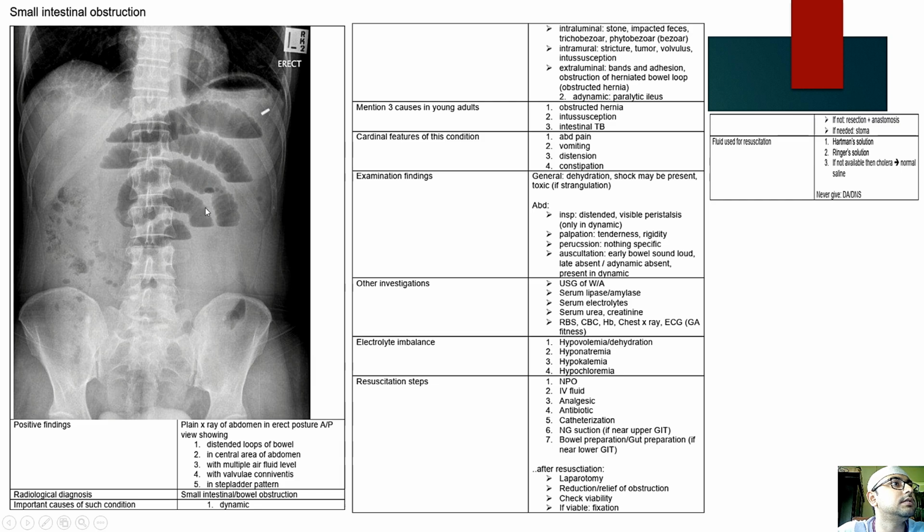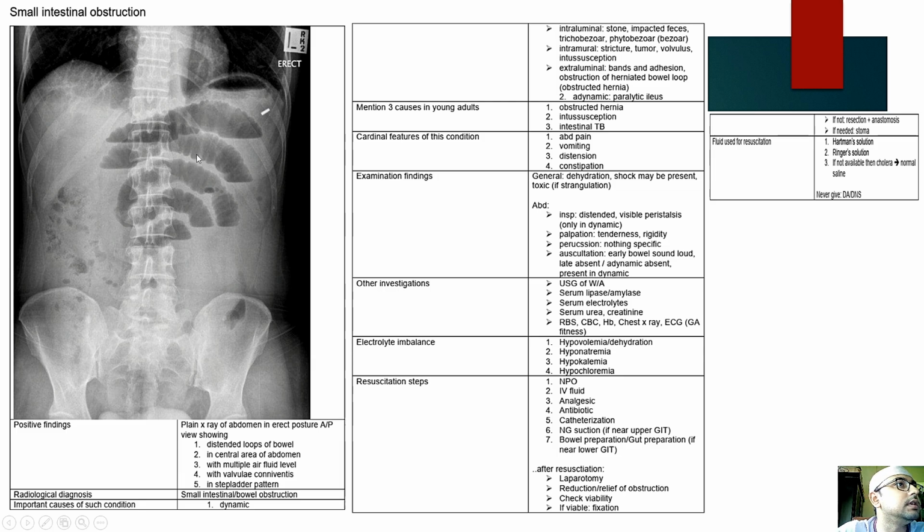Here you can see this bowel is distended in the central area of the abdomen with multiple air fluid lines. Here this is the air fluid line, this is the air, this is the fluid. So multiple air fluid lines are present in the area with valvulae conniventes.